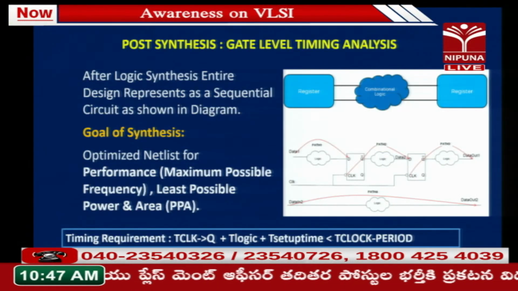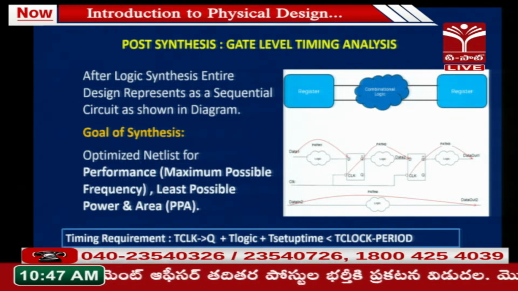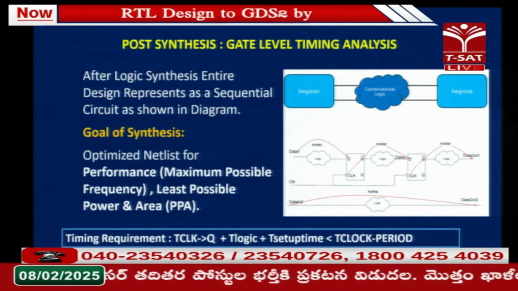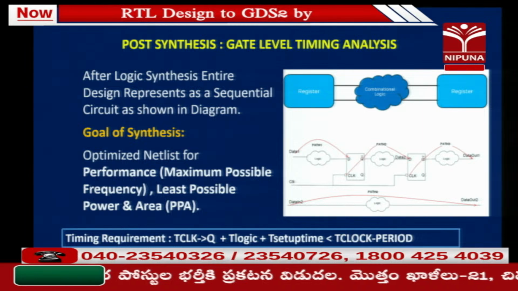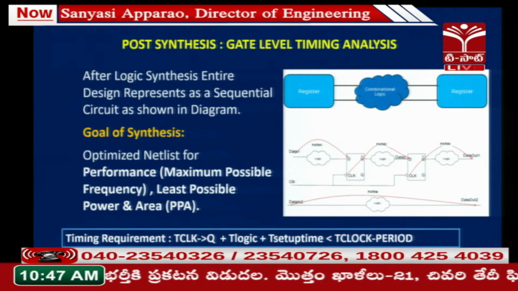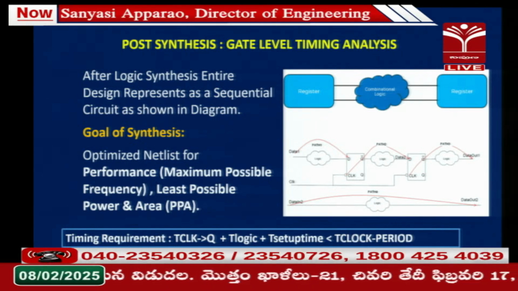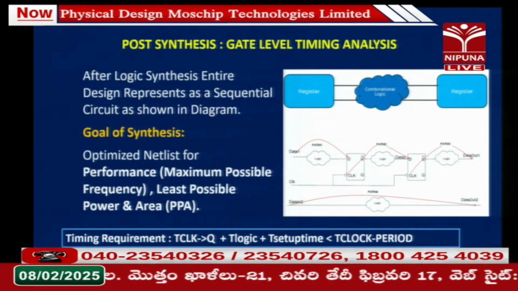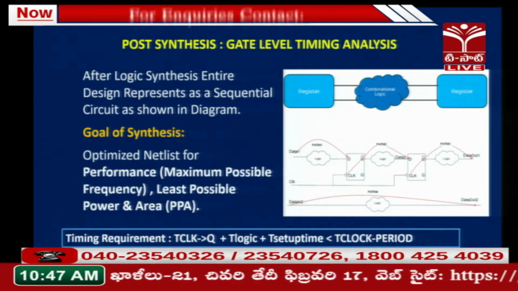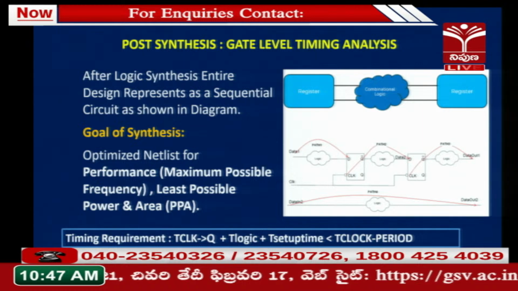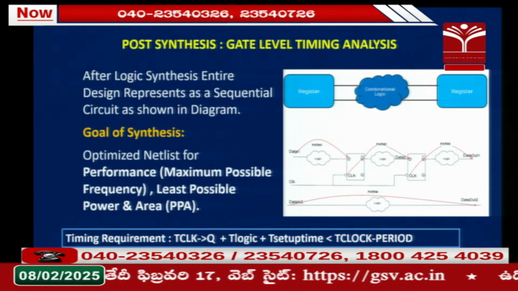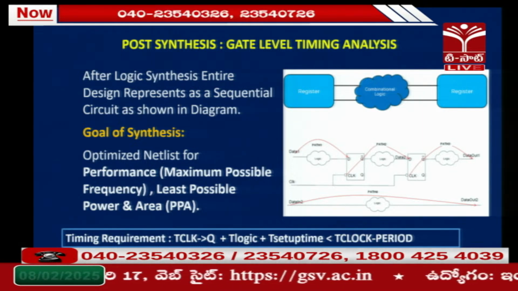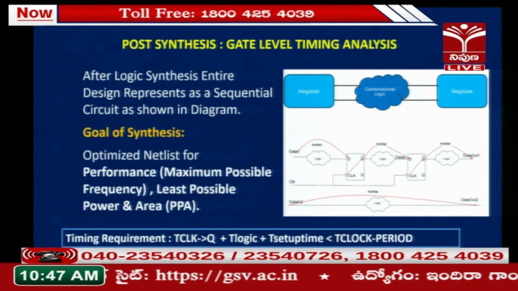After T logic, you see the signal output of that logic and it goes to the next flop D pin. Internally we have some delay, called setup time. Adding all those values, it should be less than the clock period of your design. If you are able to meet this equation, you can say your design is running at a particular frequency.